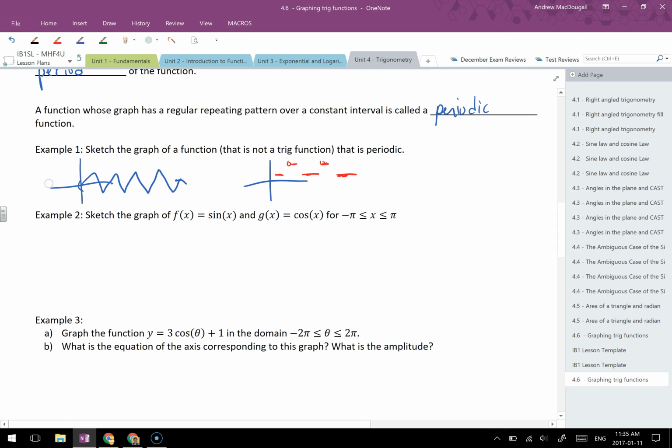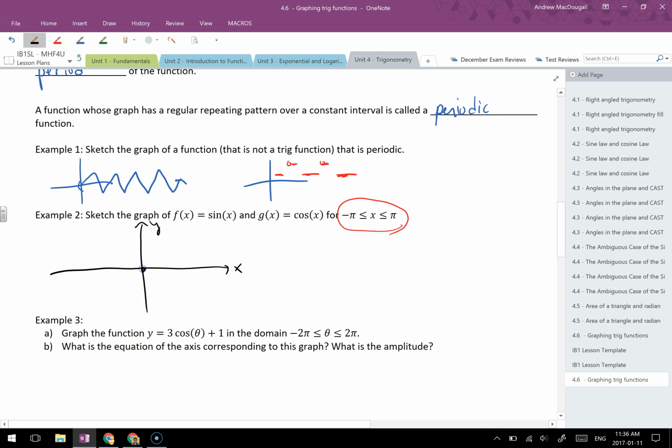Now let's look at example 2. Example 2 is very much like the previous examples, except now note that we are in radians. And we're going between what would be negative 180 degrees and 180 degrees. Now these actually aren't too bad to sketch because they look exactly the same.